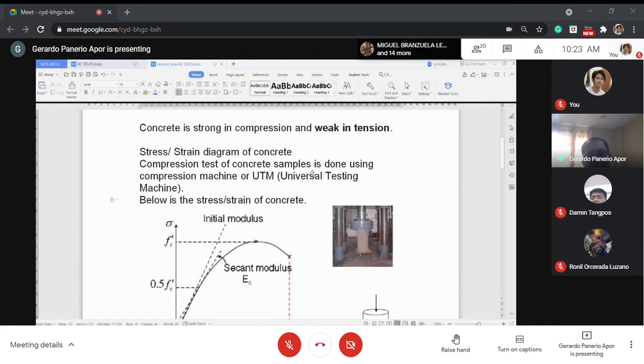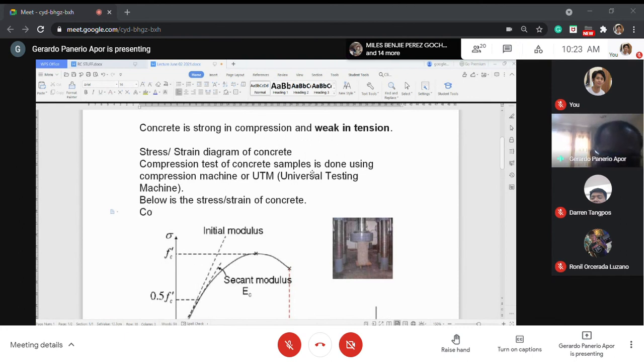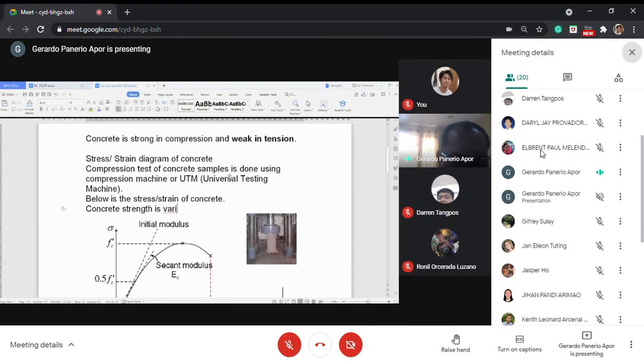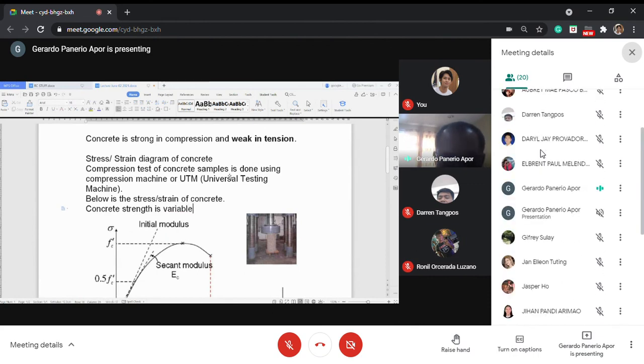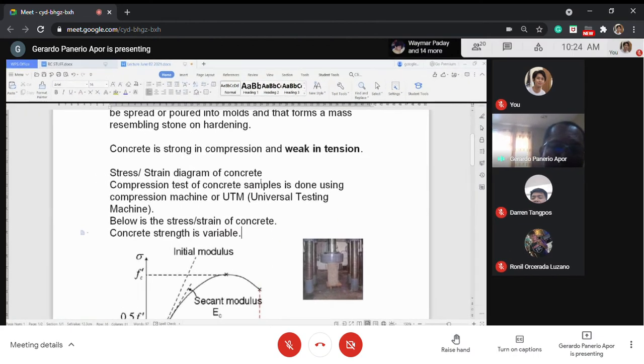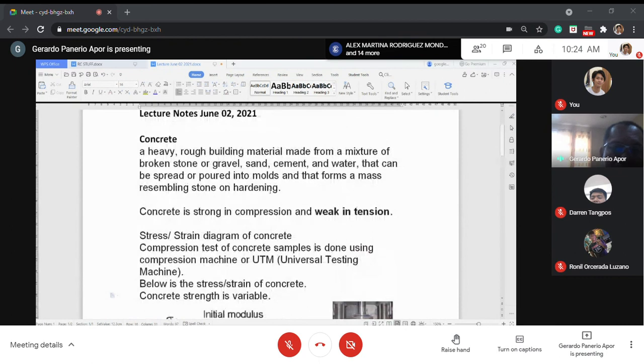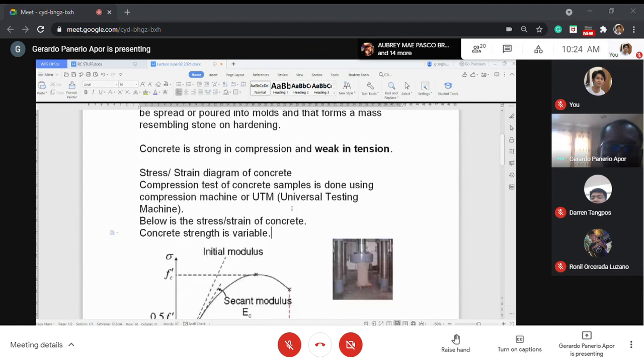It's not constant. Concrete is very variable. So I will put here: concrete strength is variable. Many factors are involved, no? In fact, if you go back, what are the ingredients of making concrete? It is composed of gravel, sand, cement, and water, and maybe some admixture.